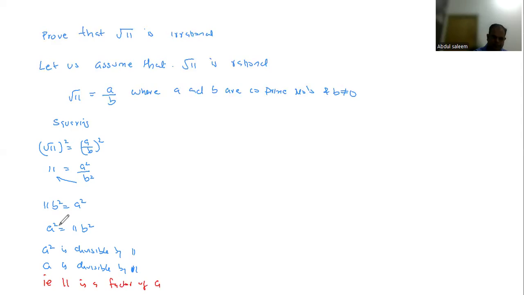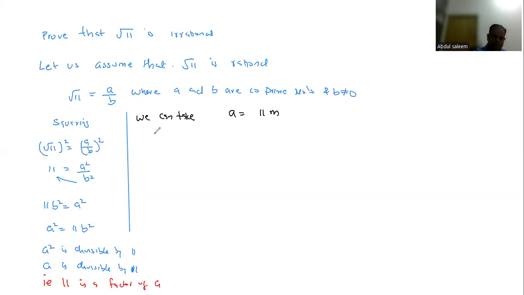If 11 is a factor of a, we can take a equal to 11 into one number, 11 into m.